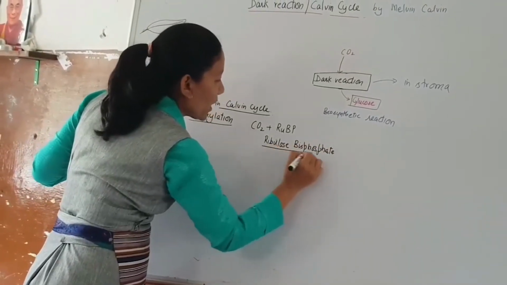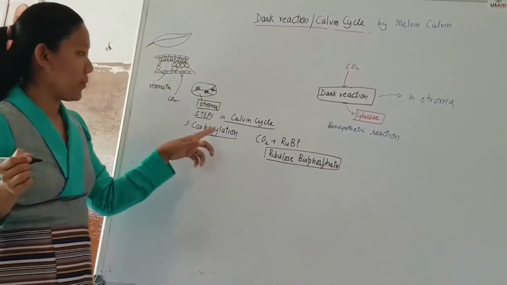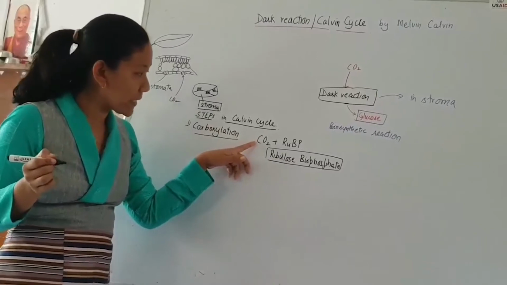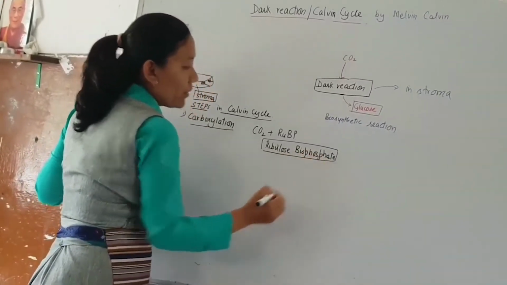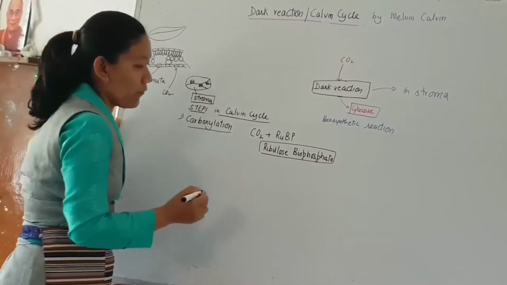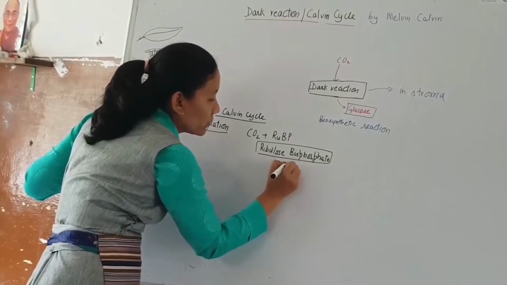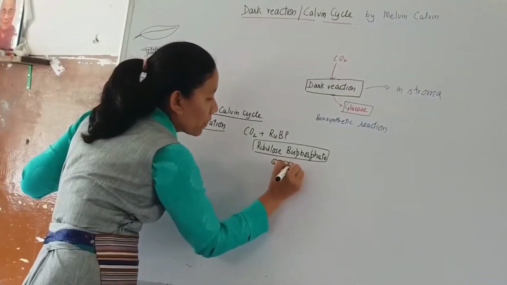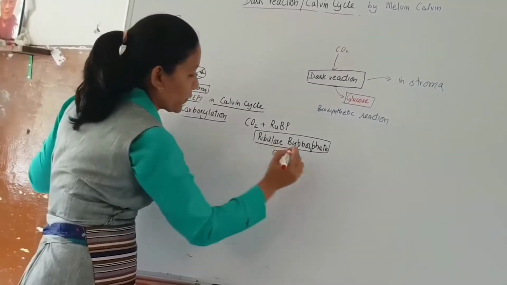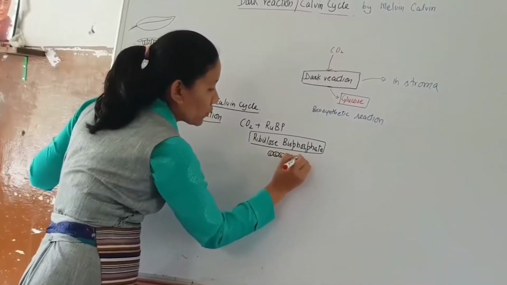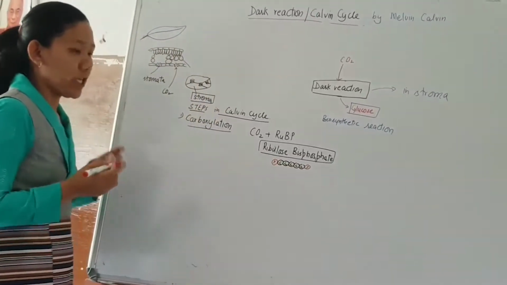Ribulose bisphosphate is an organic compound containing 5 carbon and 2 phosphates.